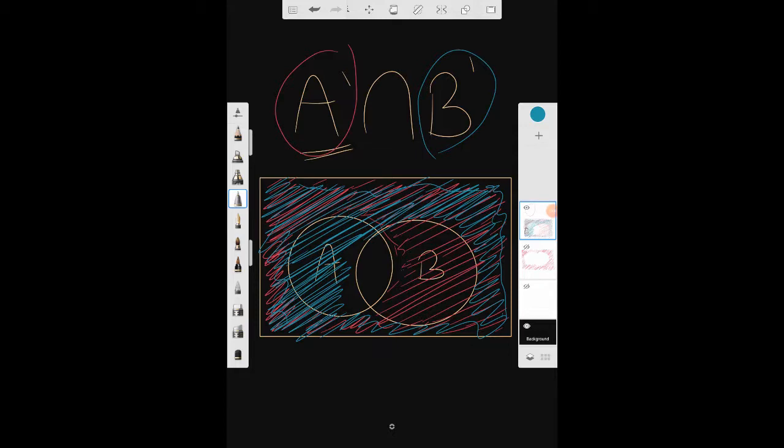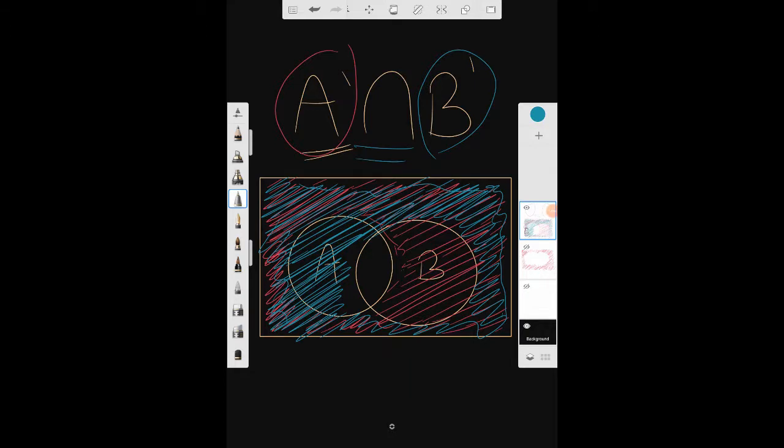Now the question is not A complement or B complement, but A complement intersection B complement. So what is intersection? The part where A complement and B complement interact. If you look, where do the red and blue colors come together? Here it doesn't come, here it doesn't come. It only comes outside the circles.